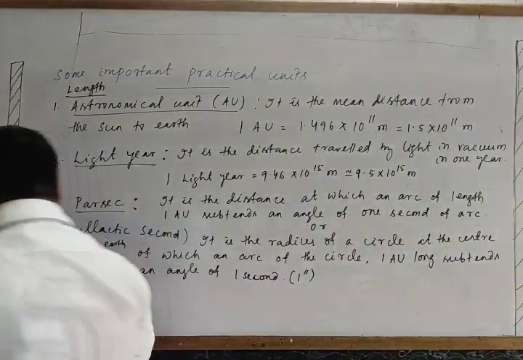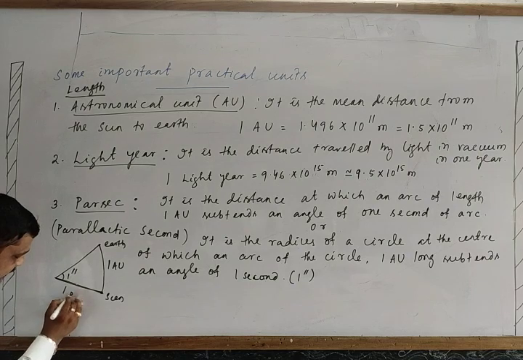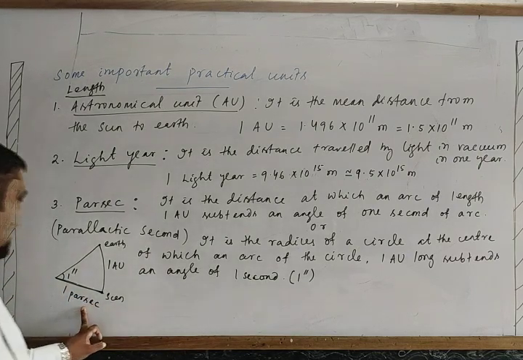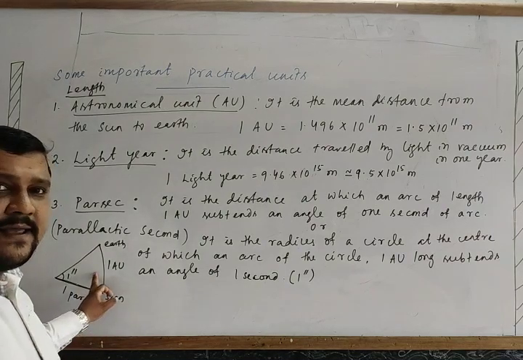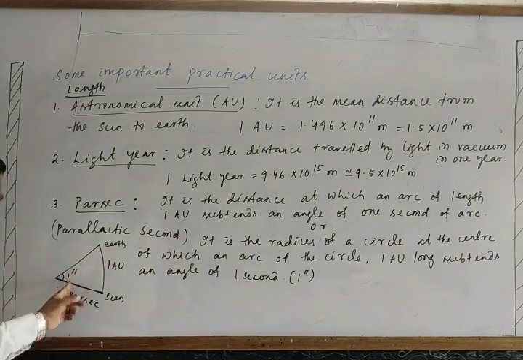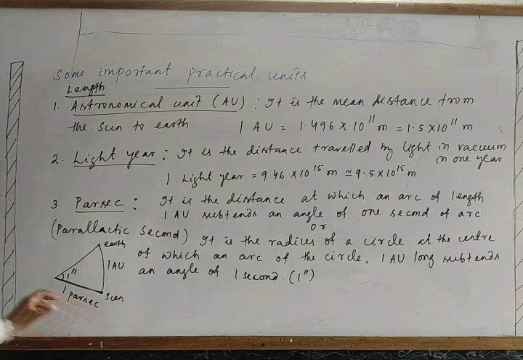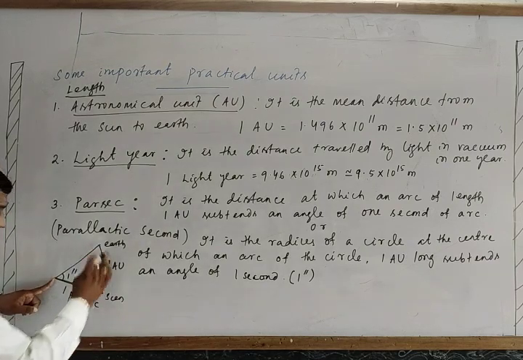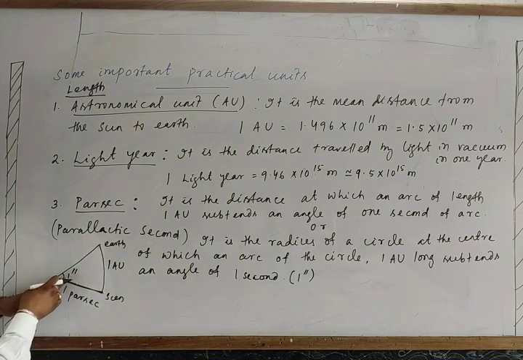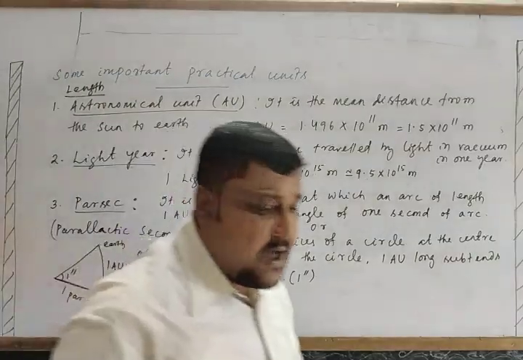Then this distance is called 1 parsec. So it is the distance at which an arc of 1 astronomical unit subtends an angle of 1 second of arc.